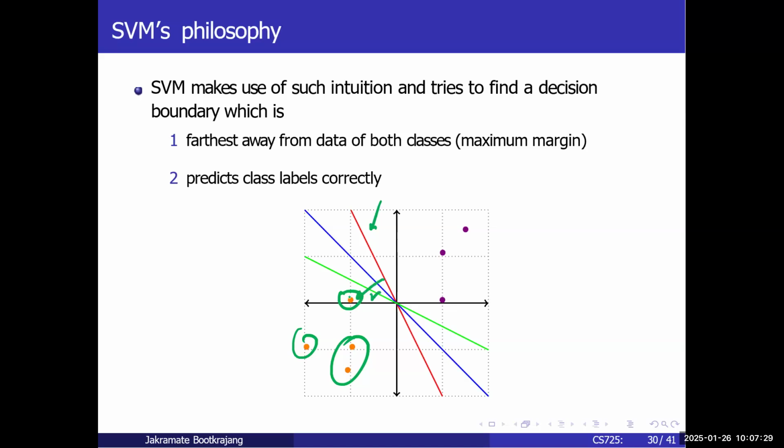So this R of this point is the margin of the model. We don't care about the margin of other points. We only care about the margin of the closest point. Similarly, if you look at the purple example, the closest one would be here. So you have another R. So you have a margin for the positive class and a margin for the negative class.